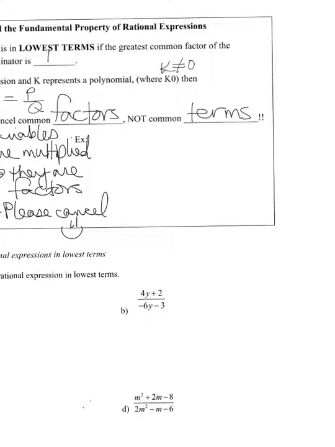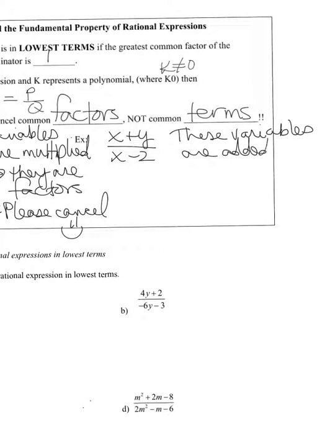In the second example that you have written, it is x plus y over x minus 2. Notice these variables are being added and subtracted. Therefore, they are terms.